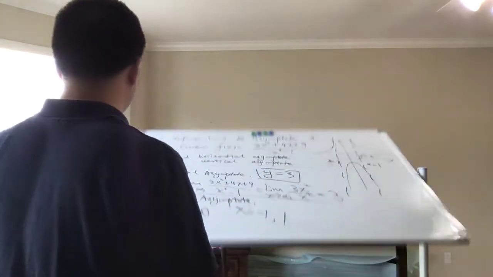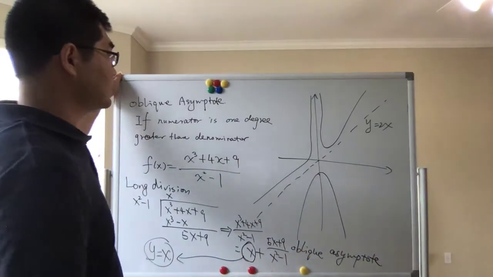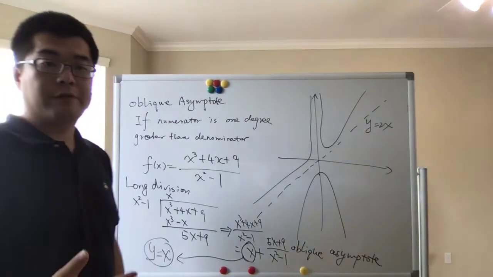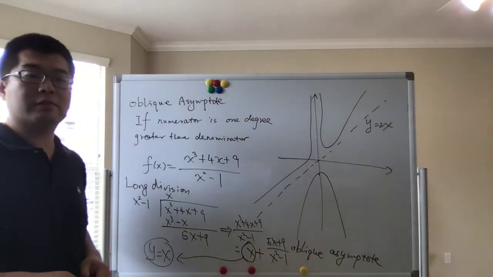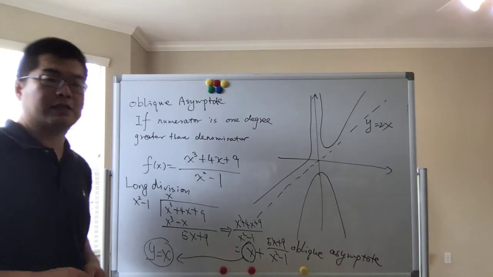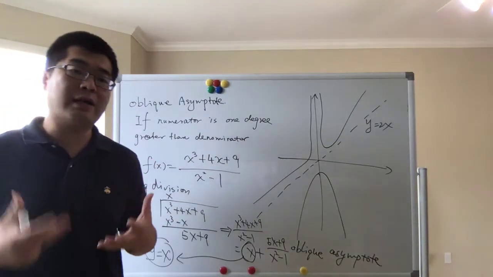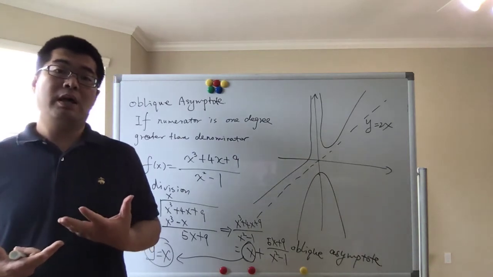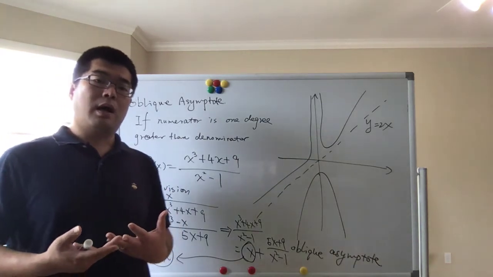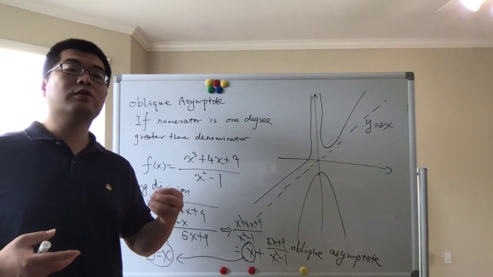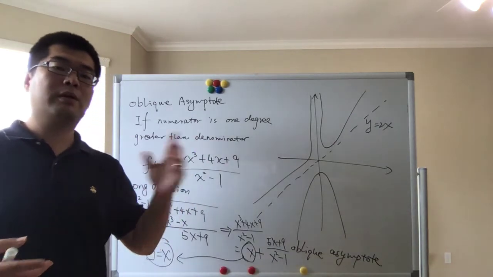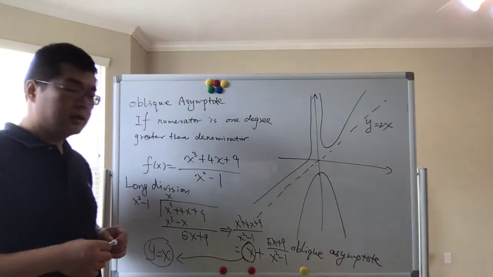All right. Now let's introduce the last piece of section 2.6. It's called the oblique asymptote. Okay. What it says is, if I have a rational function where the degree of the numerator is 1 greater than the denominator.